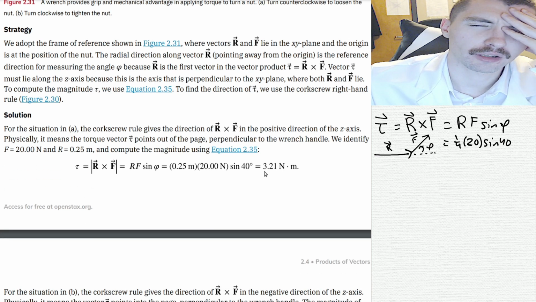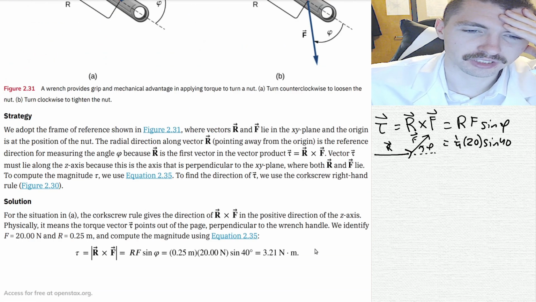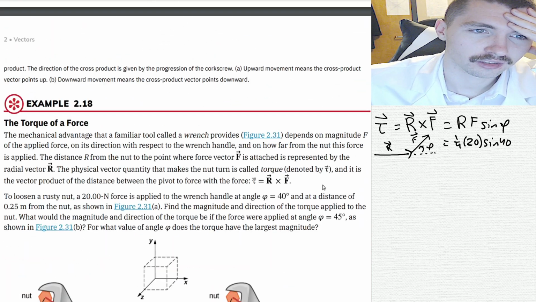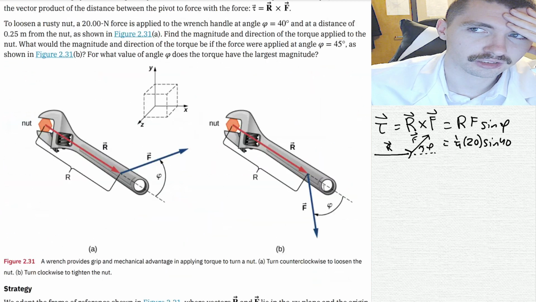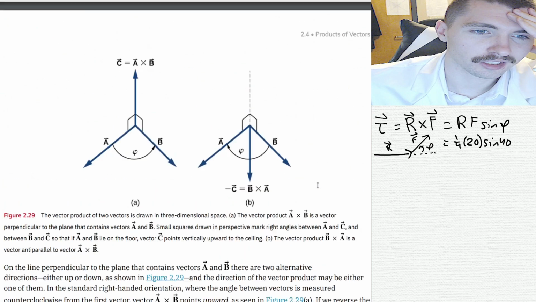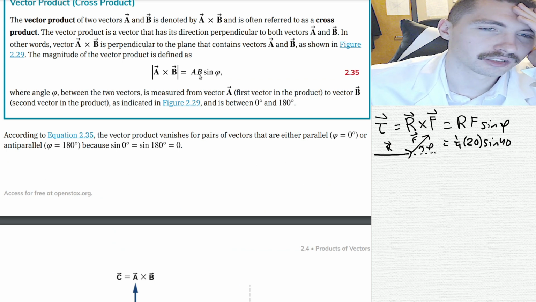So what I don't get is it's saying this is 3.21 joules, but the answer is not a vector. So the cross product is a vector or is not a vector. Why is the book saying it's not a vector here? Because AB sine phi is a number times a number.